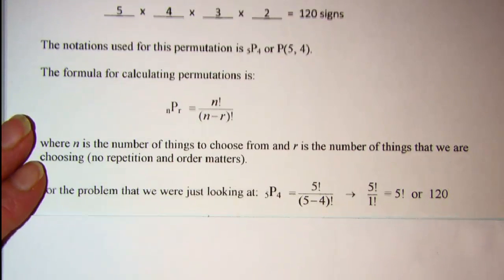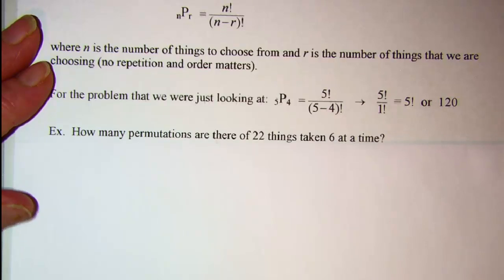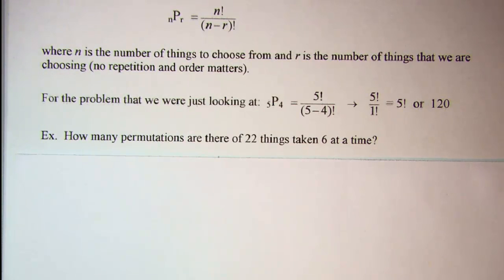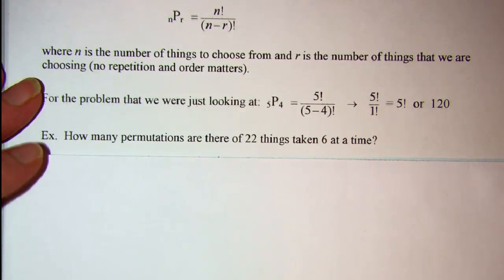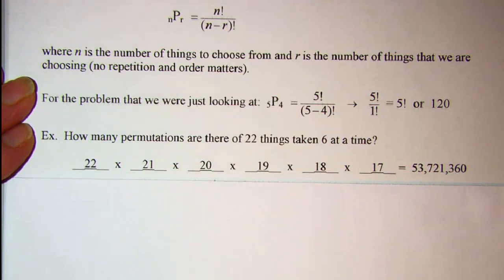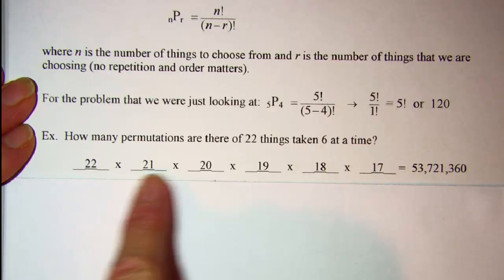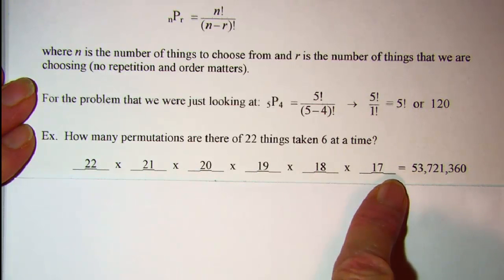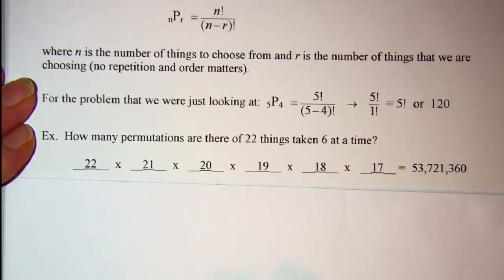So let's do another example. How many permutations are there of 22 things taken 6 at a time? Now if we did this by writing them out, I would have 6 spaces, 1, 2, 3, 4, 5, 6, because I'm going to choose 6 at a time.